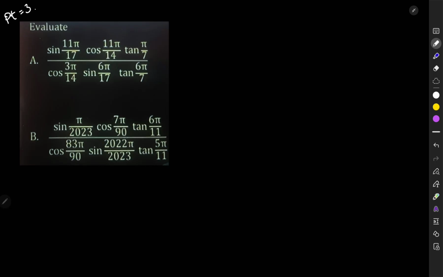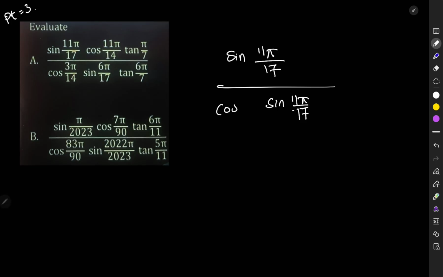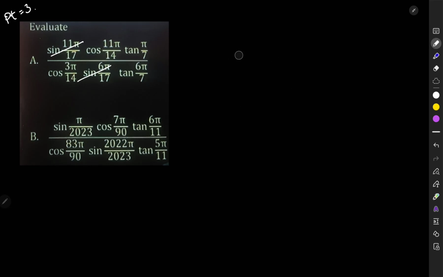So I can tell that the sines will be equal. I can write it like this, right? So cos 3 pi by 14, tan 6 pi by 7. I hope you understand. This and this will get cancelled basically. That's what I'm coming to tell here.